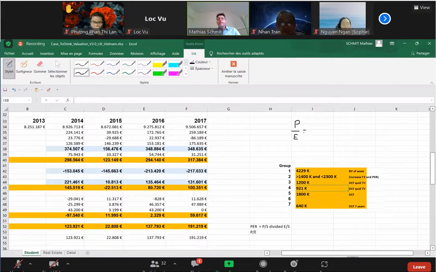So it means for €1 of earnings, you are willing to pay 20. And they said, okay, the price then, sorry, not the price, the equity.